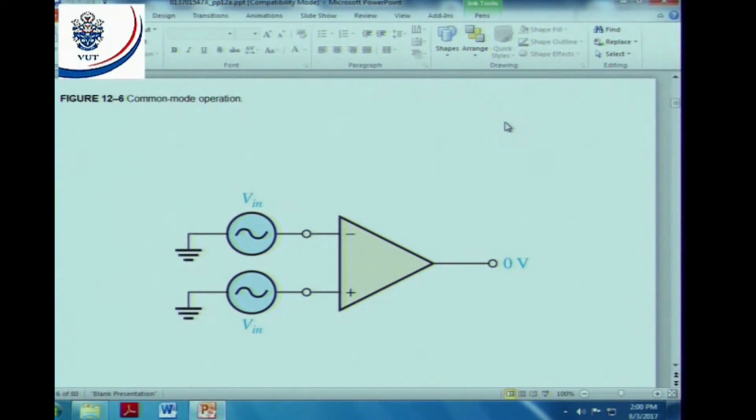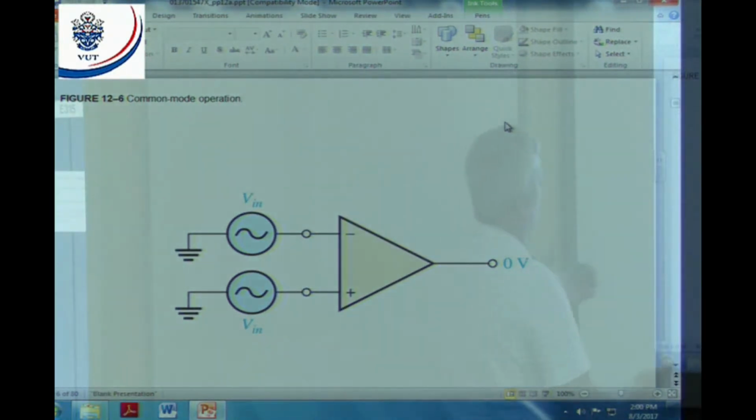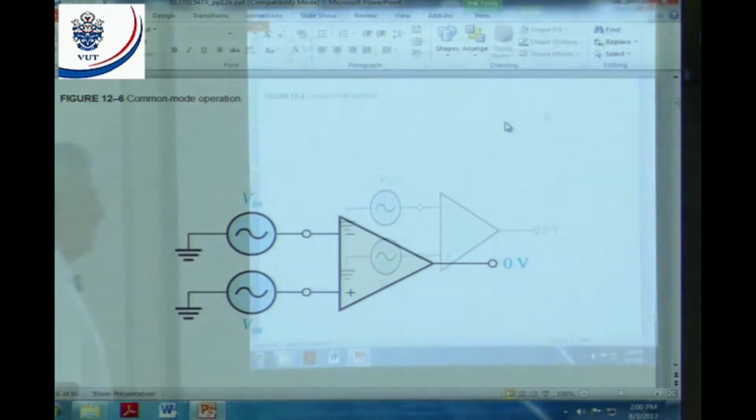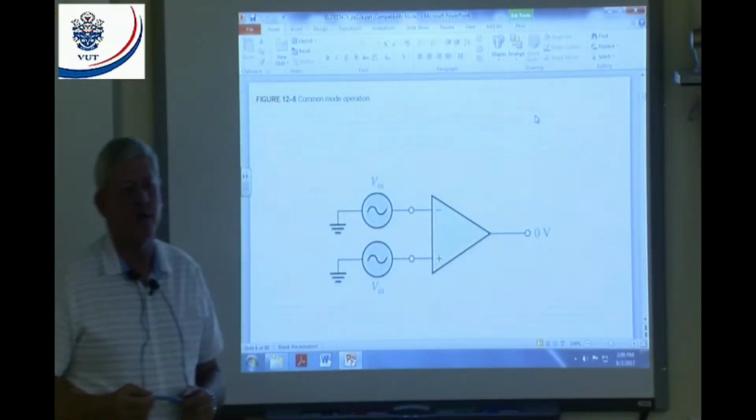Now, why can we use this? Because I apply two signals and I get 0 out. It is used to prevent an unwanted signal. Normally, we got noise in the air and we don't want to amplify noise.